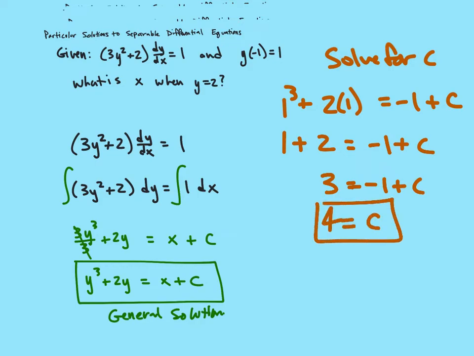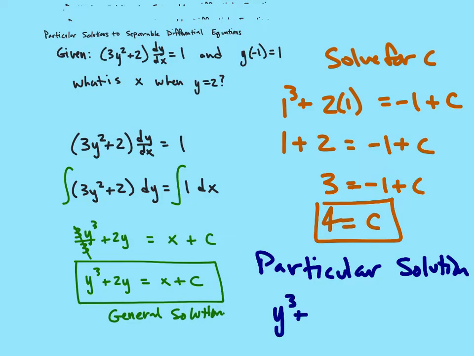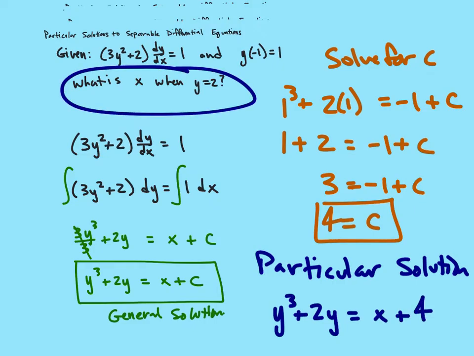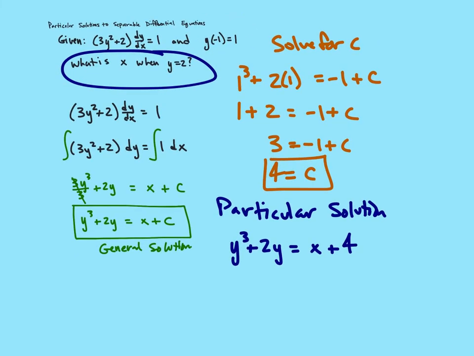All right, and this will help us write our particular solution, which is y cubed plus 2y is equal to x plus 4. Okay, now we answer the question, what is x when y is equal to 2? So from here, we plug in 2 for y.